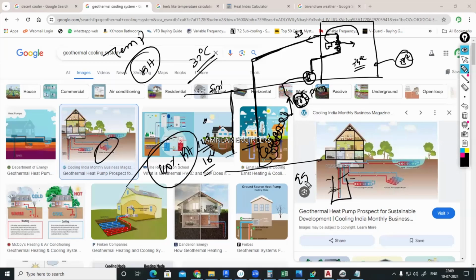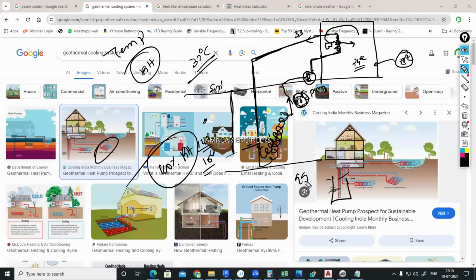Just 1% of space is remaining. So what will happen? Your sweat will not evaporate. Since the relative humidity in the atmosphere is very high, the sweat will not remove the latent heat of evaporation from your body. So your body temperature is not possible to decrease. You will not feel the comfort.